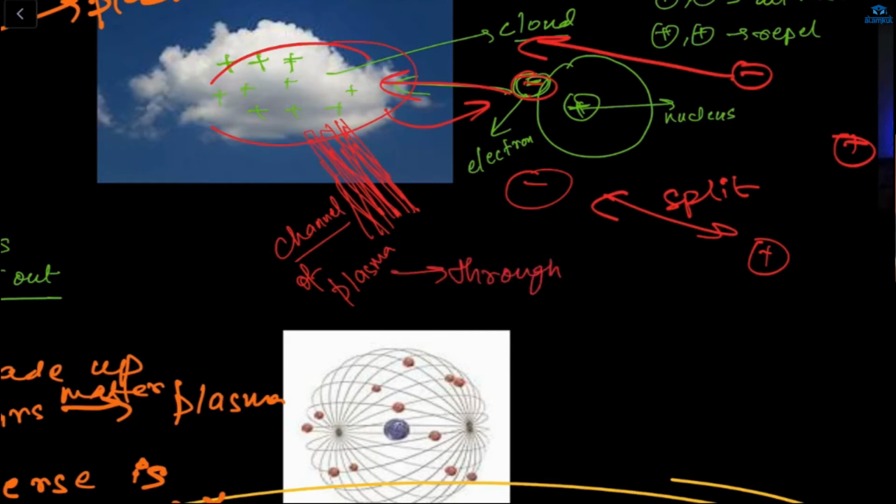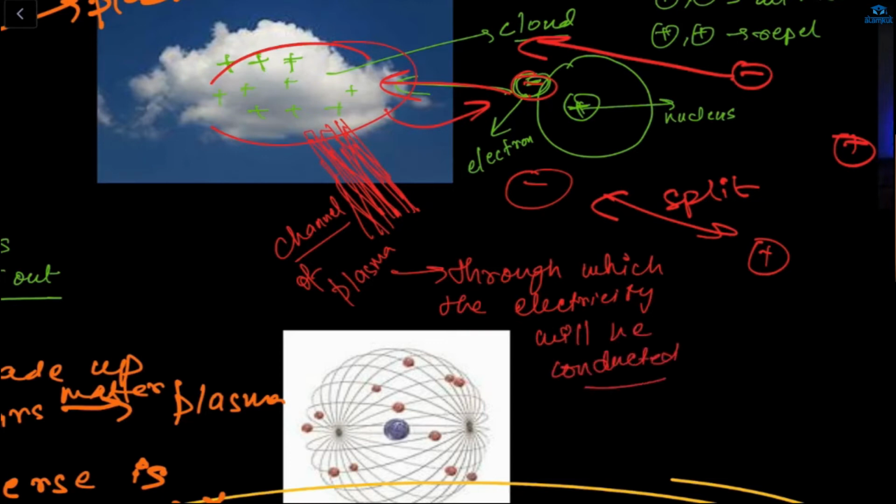Through which the electricity will be conducted. The positive and negative thing will be there. Then what will happen? Obviously, the electricity will conduct, right? So plasma is a mixture of positive and negative ions.